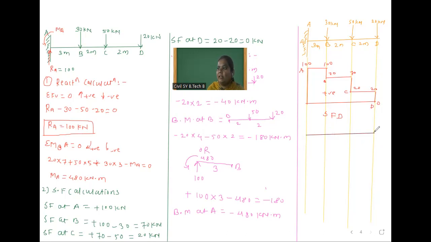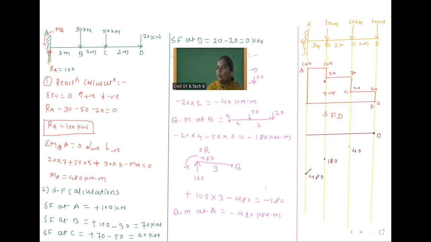Bending moment at D is 0. After that, bending moment at C is minus 40, so here 40. After that, bending moment at B is 180, and bending moment at A is 480.